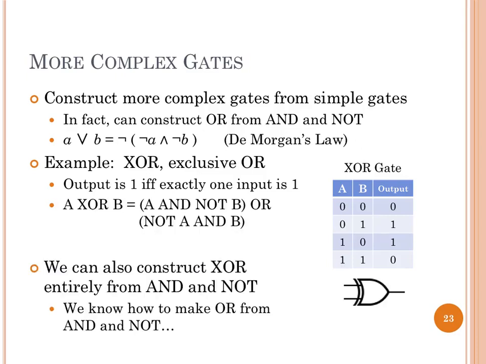And of course, we know that we could take that OR and also turn it into ANDs and NOTs, so you could end up, again, building everything out of ANDs and NOTs. But once you have something like exclusive OR, you don't have to think about ANDs and NOTs and all that junk anymore. How do I make this out of ANDs and NOTs? Or how do I make this out of physics? We don't like physics in this class. So you can see that you can build up these abstractions, and then you can use those to do computations. And that allows you to stop thinking about some of the details you may not want to have to mess with.